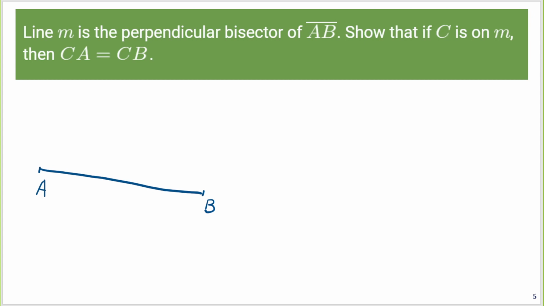The problem says line M is a perpendicular bisector, so we can draw a perpendicular line to AB. Let's call this line M. M is perpendicular to AB and also it bisects AB. Let's call this point M. We have AM equals MB, right? Can you show that if C is on M, then CA equals CB? So C is an arbitrary point on line M. Let's just say C is here.